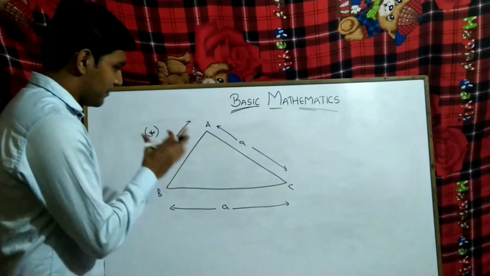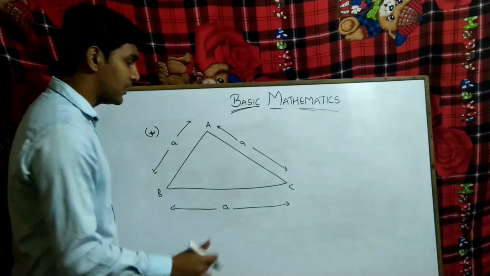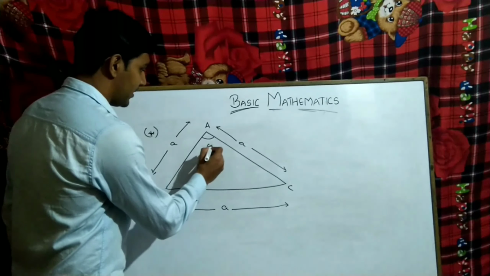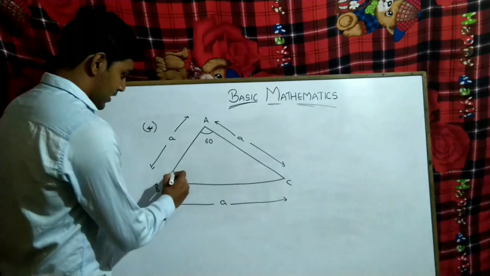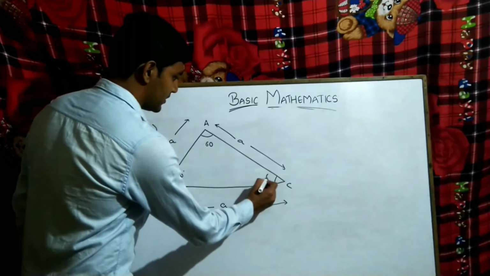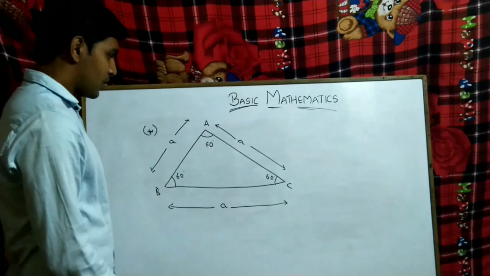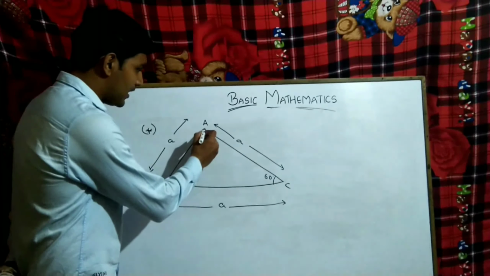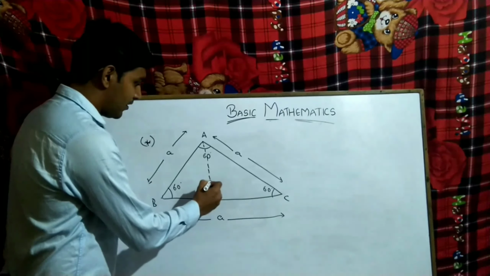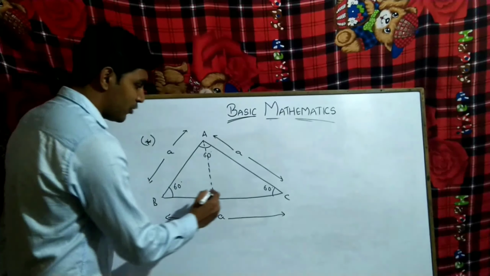Now remember one thing, in an equilateral triangle all angles are 60 degrees. So this is 60 degrees, this is 60 degrees, and this is also 60 degrees. Clear? Now I will draw a line from A which is perpendicular to BC.